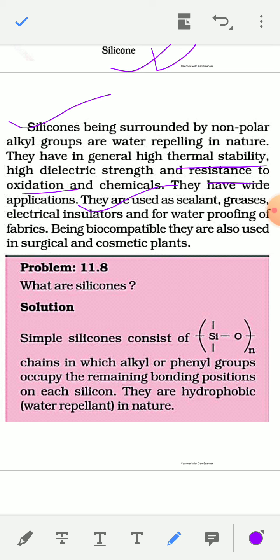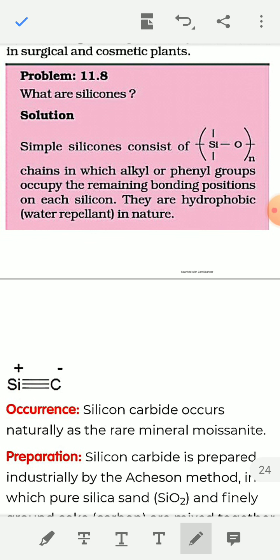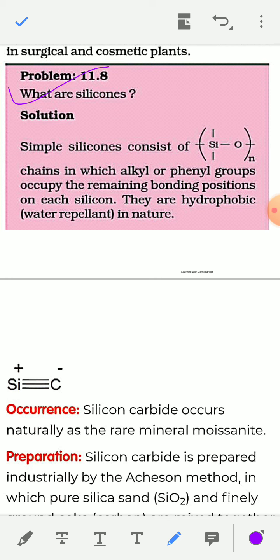They are used as sealants, greases, in electrical instruments, and for waterproofing of fibers. So what are silicones? Simple silicones consist of the R2SiO polymeric chain in which alkyl or phenyl groups occupy the remaining bonding positions on each silicon. They are hydrophobic, water repellent.